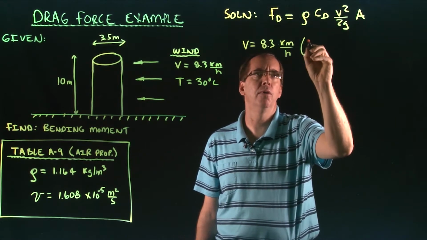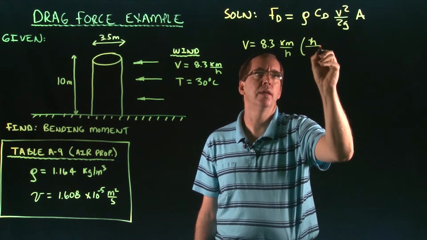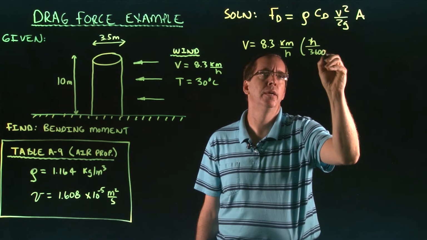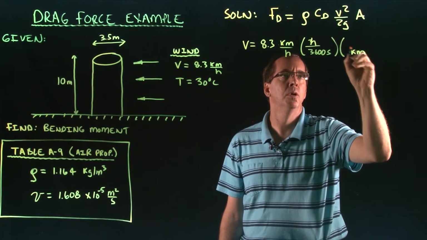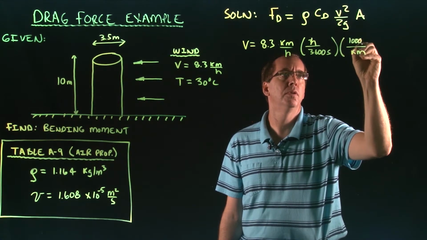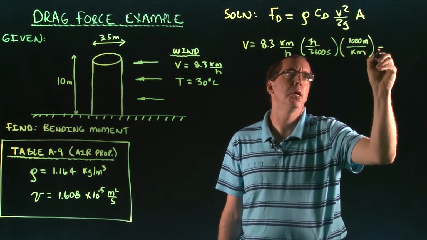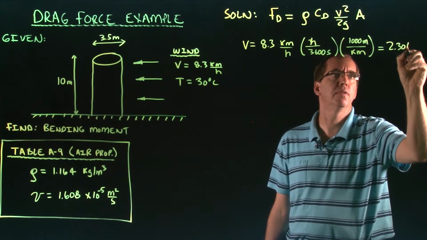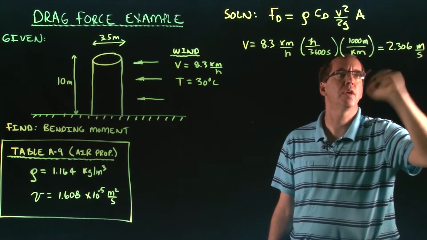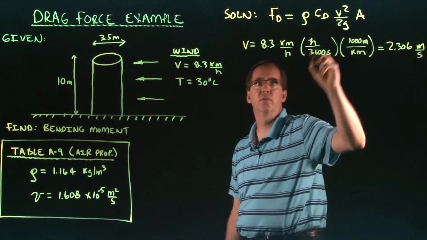In an hour, you've got 3,600 seconds. In a kilometer, you have 1,000 meters. And this gives us a velocity of 2.306 meters per second. So there's one term here.